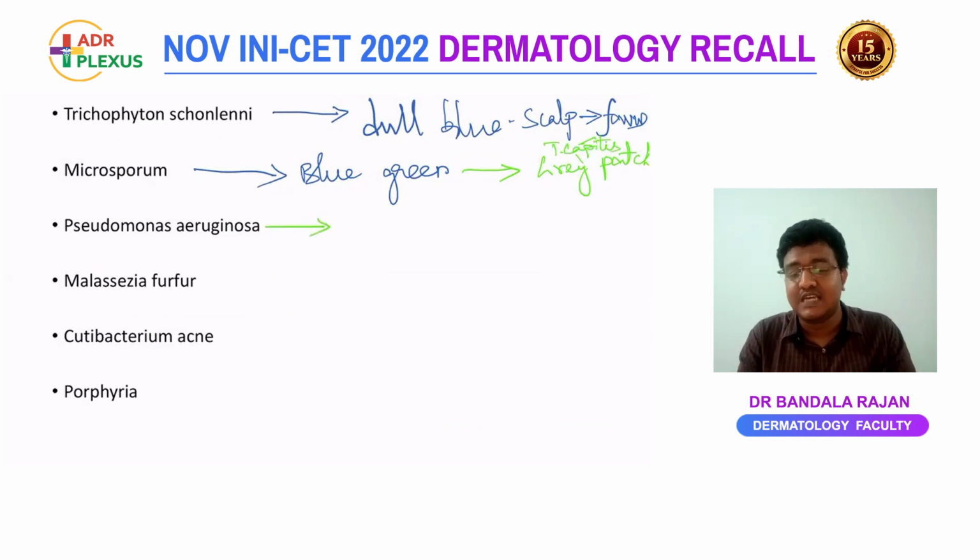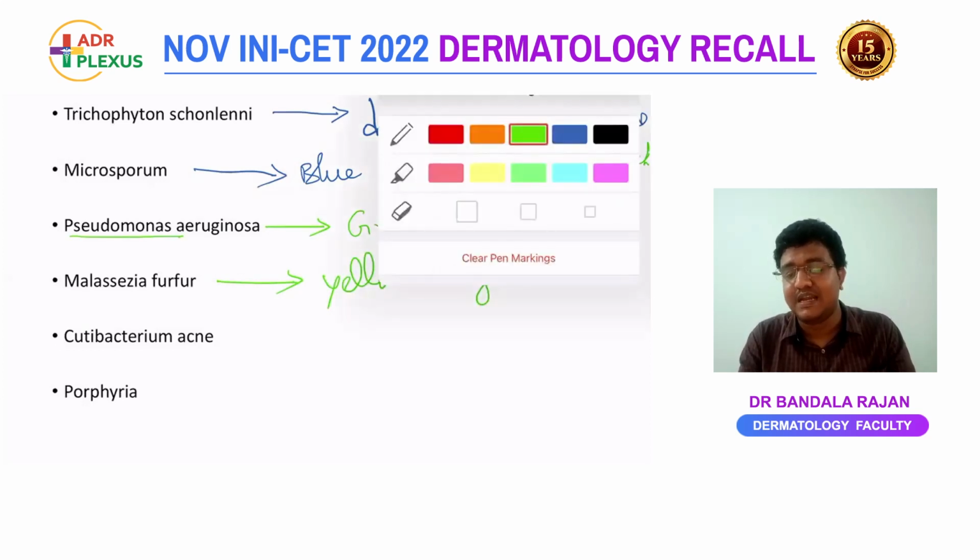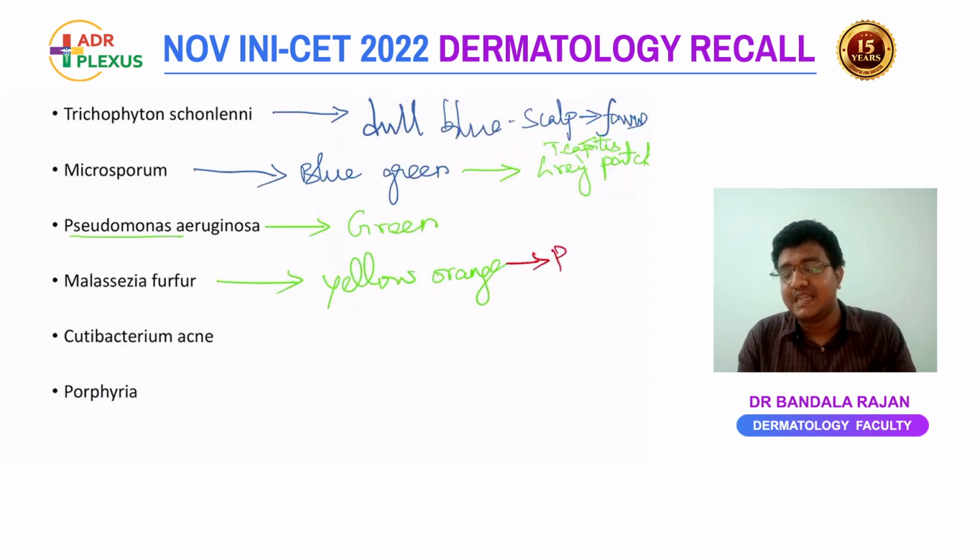Then Pseudomonas aeruginosa, we all know Pseudomonas is green. Malassezia furfur will produce yellow-orange fluorescence. Malassezia furfur is implicated in pityriasis versicolor.